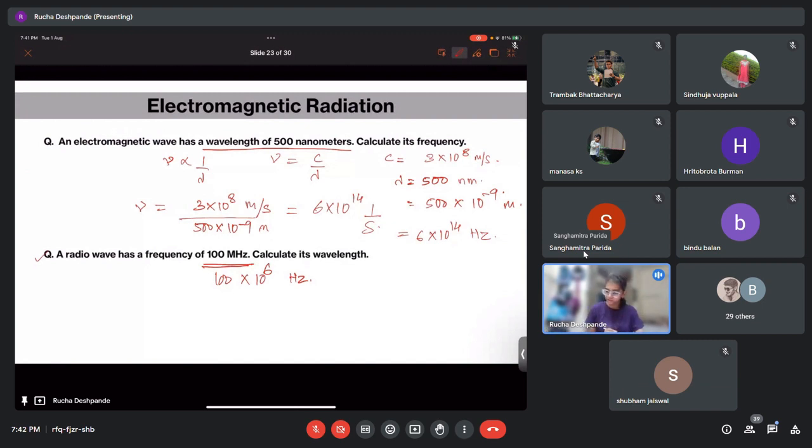Yeah, so we'll see. Here we had nu is equal to c by lambda, right? Now we have the frequency, so lambda is equal to c by nu.